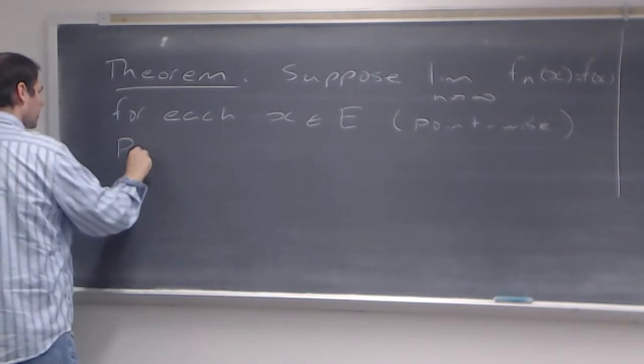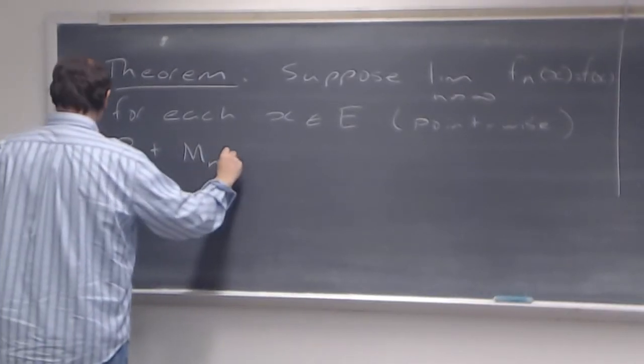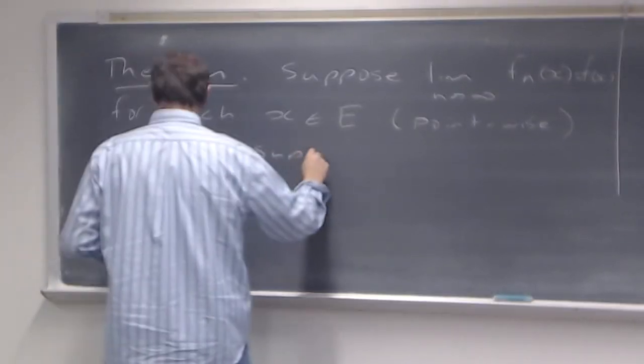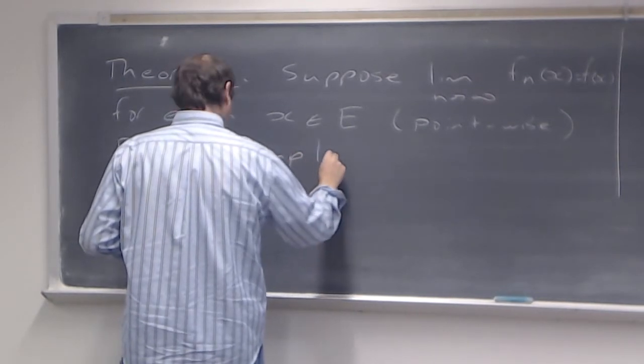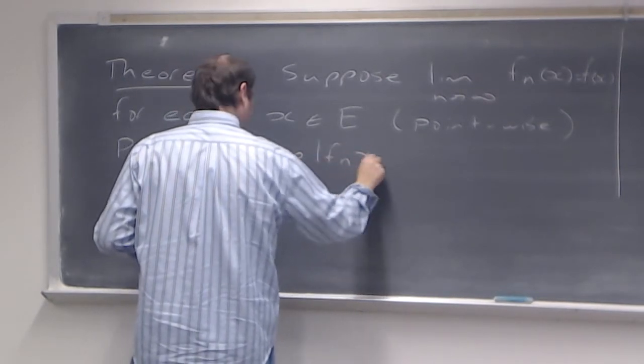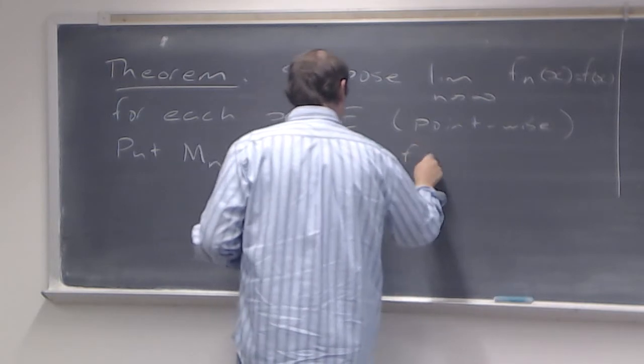What we're going to do is put m sub n equal to the sup of the absolute value of f sub n of x minus f of x.